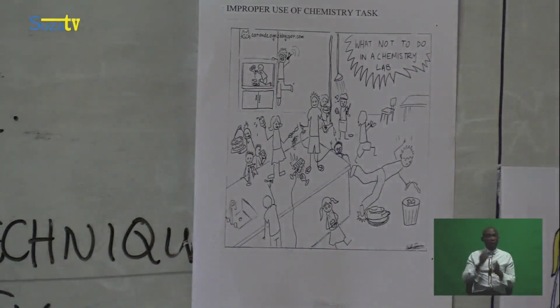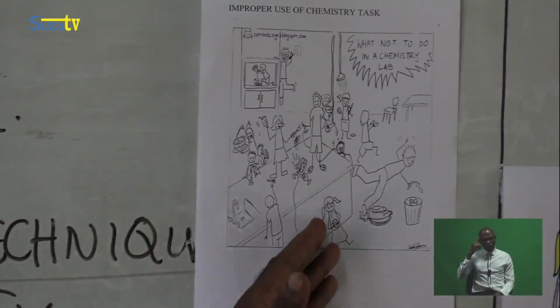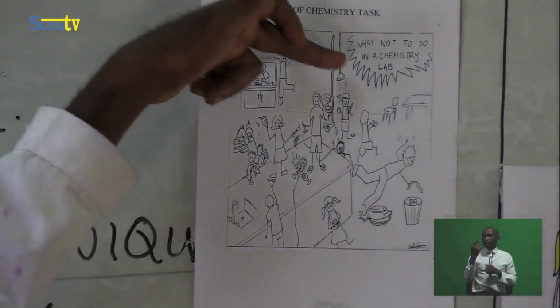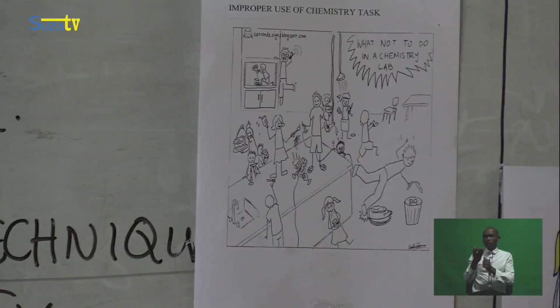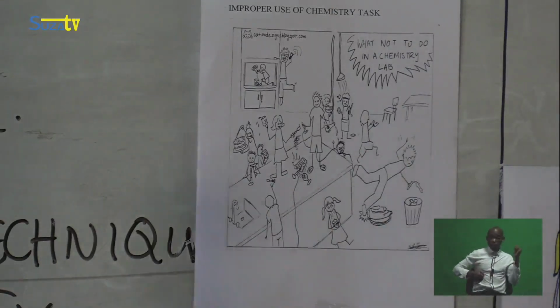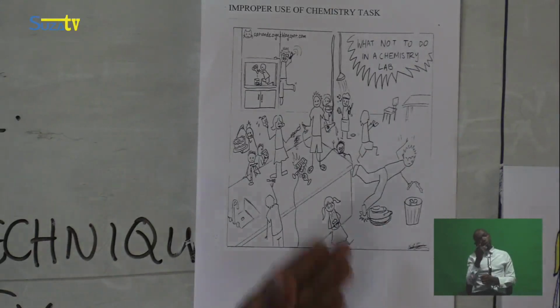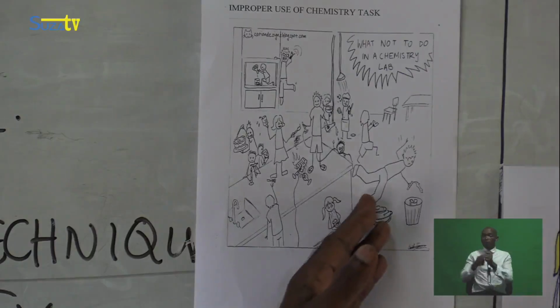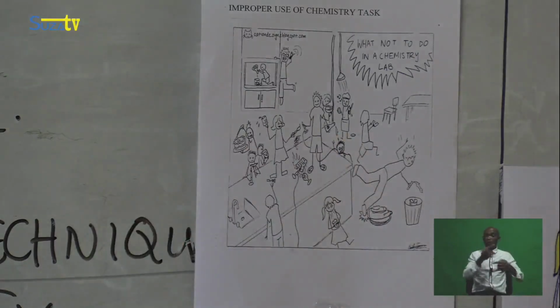Try to think. Do you think it looks like a laboratory? Because you may see some of them washing, some of them just running, some of them sleeping, and so forth. So it means that there are a lot of activity carried out which should not be done in laboratory.